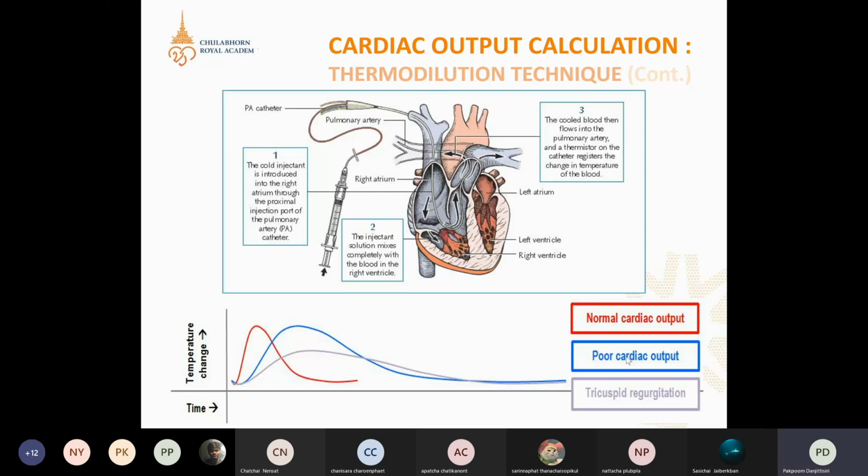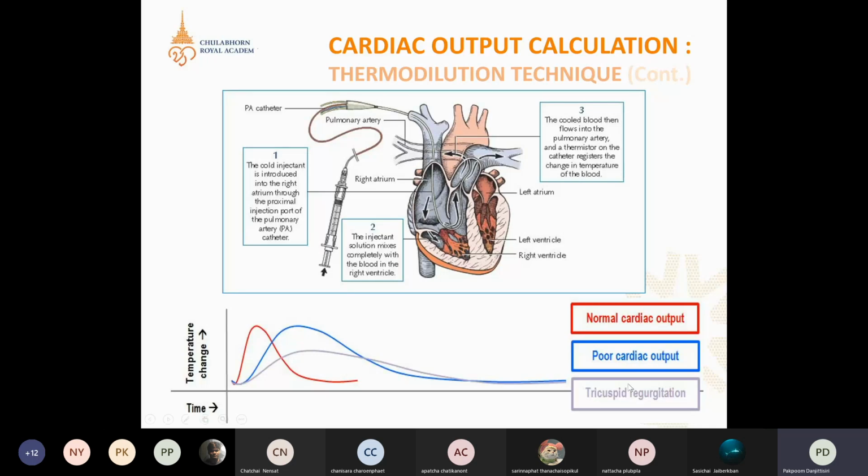And the last thing is that the patient must have no arrhythmia, because arrhythmia will cause variable, unreasonable cardiac output when calculated by this technique.